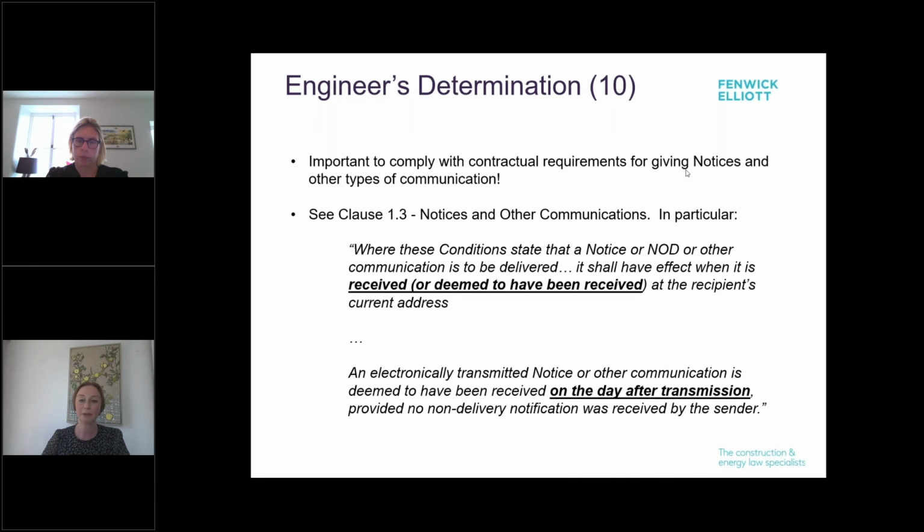So given how important the notice requirements are, or how important it is to get your notice in within the time limits specified, there's an awful lot at stake, and both parties and the engineer should be aware of the formal requirements for giving notices and other communications.